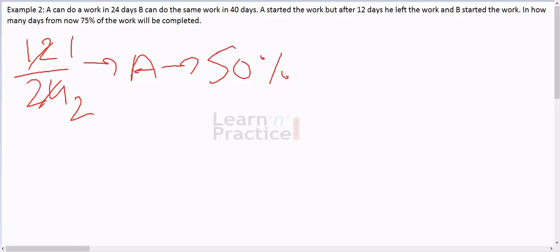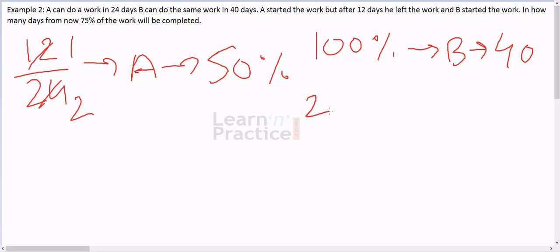But here we just have to calculate the 75% of the work. That means 50% is already done and we have to calculate 25% more. Okay, and here we can see that B can do the entire work in 40 days. That means B can do 100% of the work in 40 days, and we have to calculate 25% of the work.